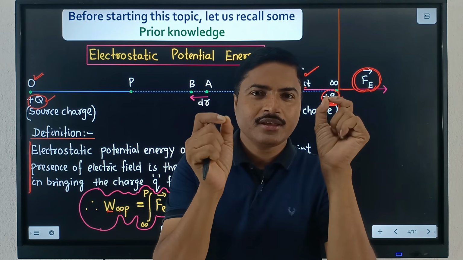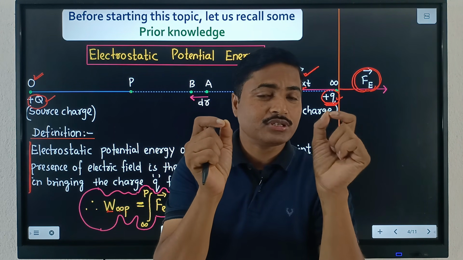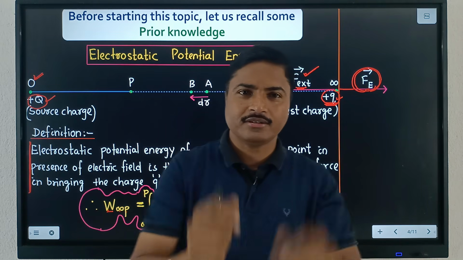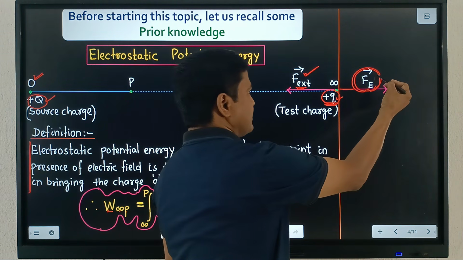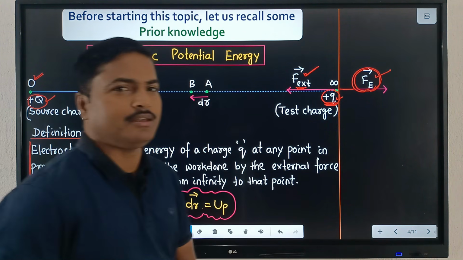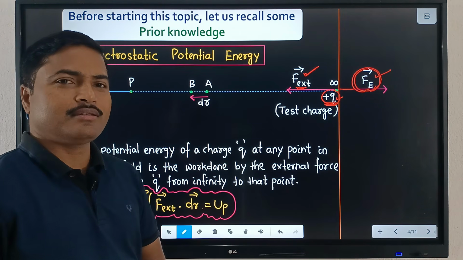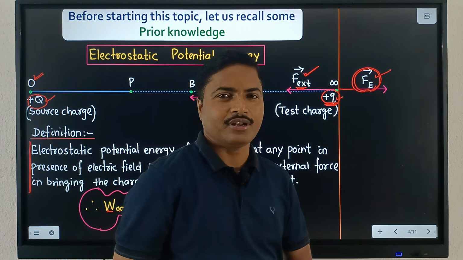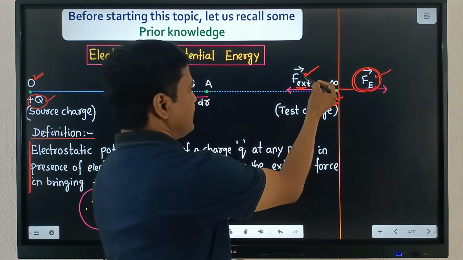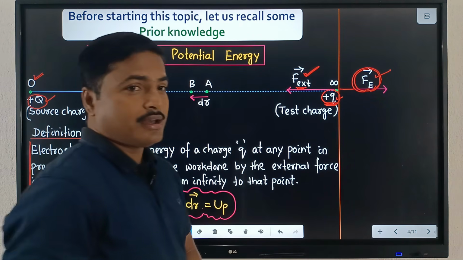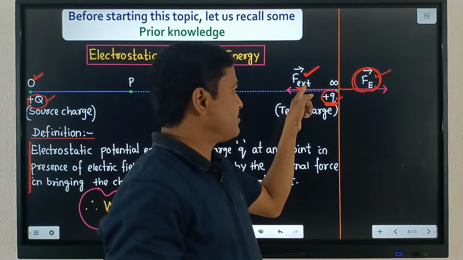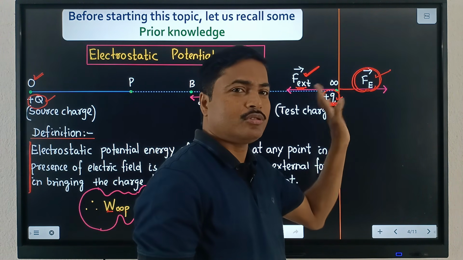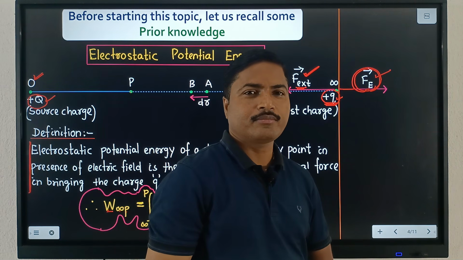That means an electrostatic repulsive force is applied on this test charge, and we write that electrostatic repulsive force as Fe. Then here we apply an external force, F external, and the direction of this external force is just opposite to the electrostatic force.